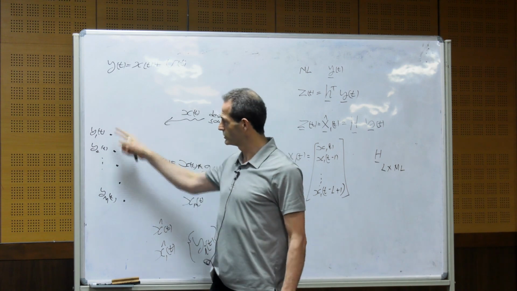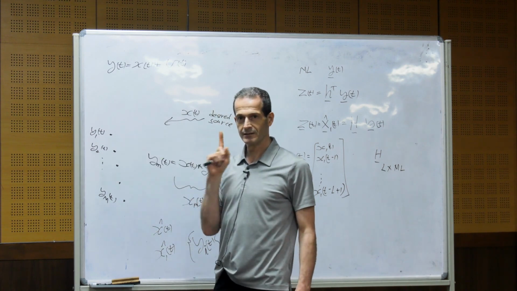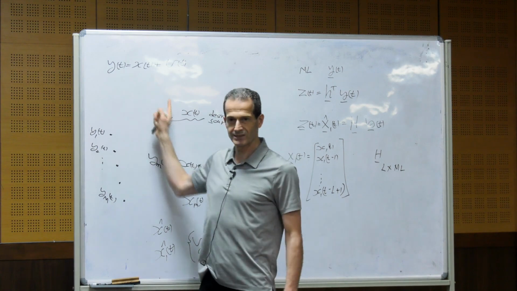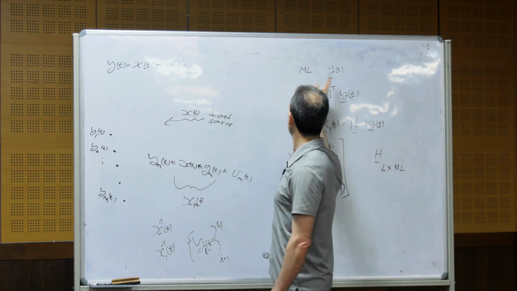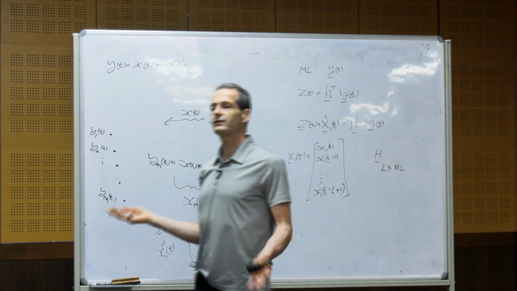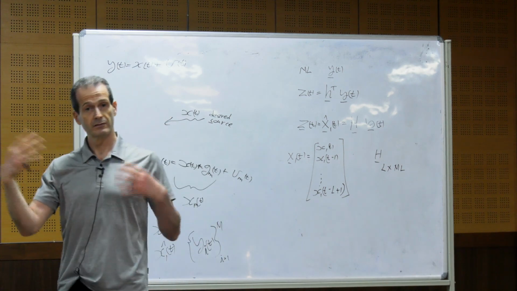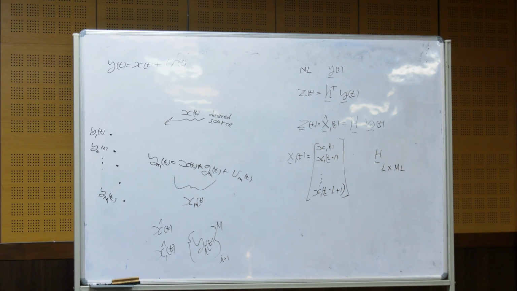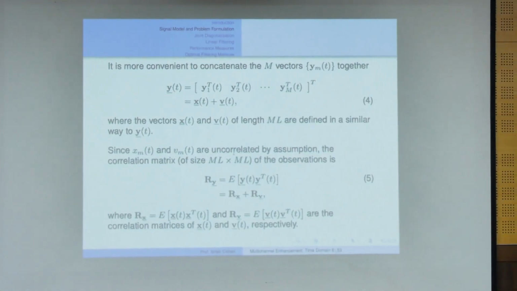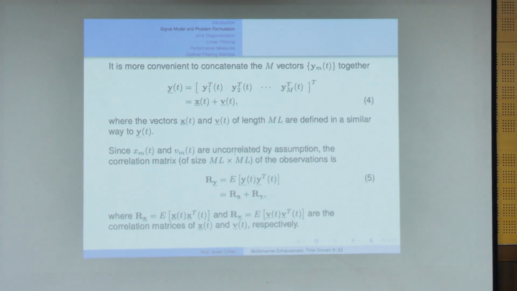So multi-channel signal enhancement is not necessarily better than single channel if you make an estimation of this correlation matrix that is inaccurate. It's more sensitive to false information. But suppose here life is much easier. In this course, we assume that we know this additional information reliably and accurately.